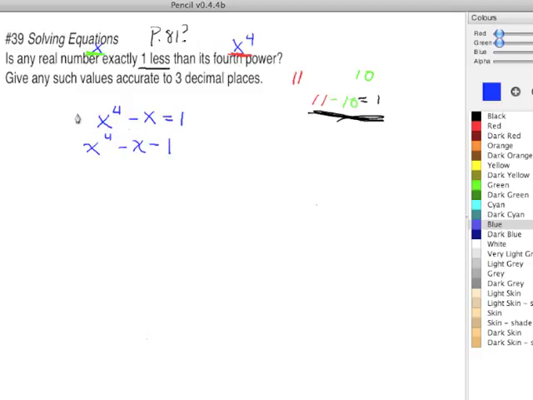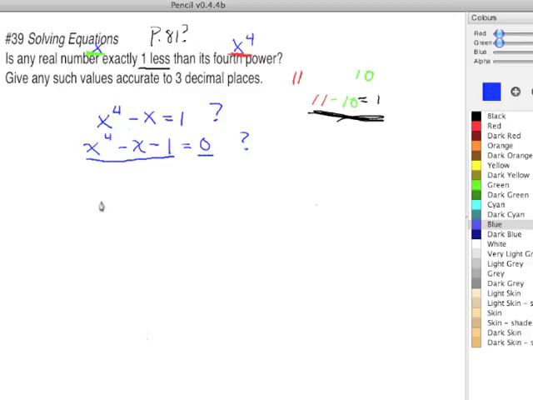What if I just rearranged this? We want to know, is there an X where this is true? Well, what if I subtract 1 from both sides? This is still asking the same exact question. Is there an X such that X to the fourth minus X minus 1 equals 0? So now we have a function of X, and we want to know if that function is ever equal to 0.